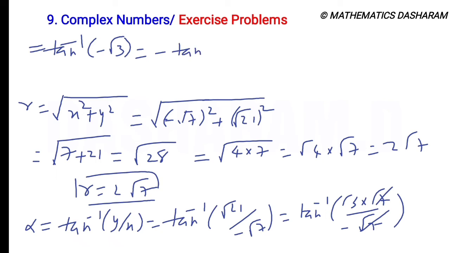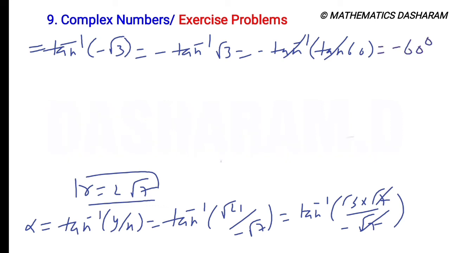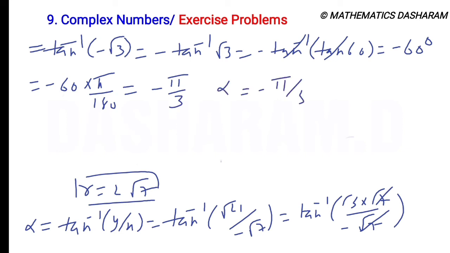So that is minus tan inverse root 3, and root 3 is the value of tan 60 degrees. Now tan inverse cancels, so it equals minus 60 degrees. Convert this minus 60 degrees into radian form by multiplying with pi by 180, so it equals minus pi by 3. So alpha equals minus pi by 3.